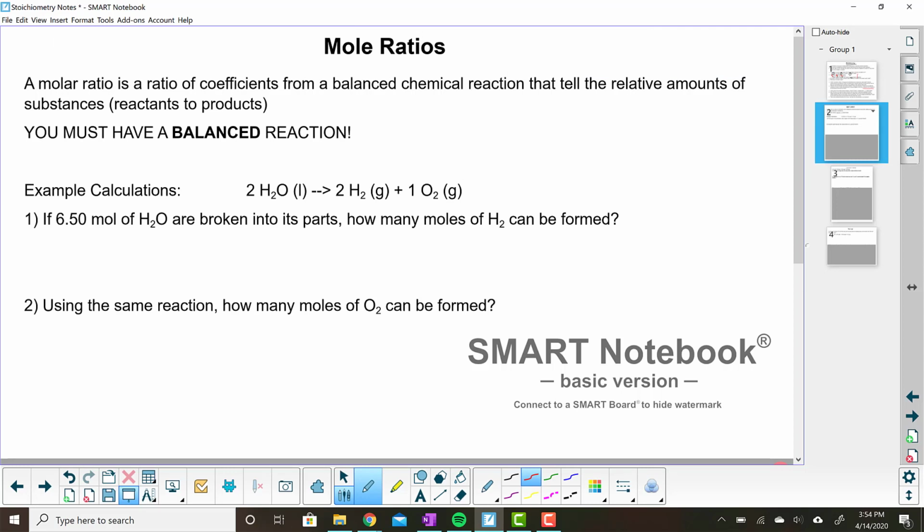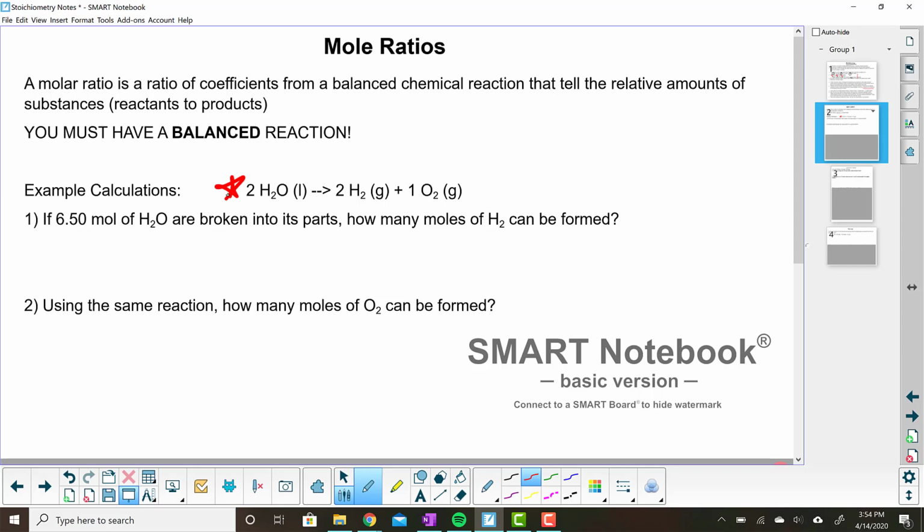There's one thing that we need to talk about: mole ratios. A molar ratio or a mole ratio is a ratio, which means just an equality, of coefficients from a balanced chemical reaction that tell the relative amount of the substances that we have. So in our reaction here, this is our water reaction, I just flipped the reactants and products around.